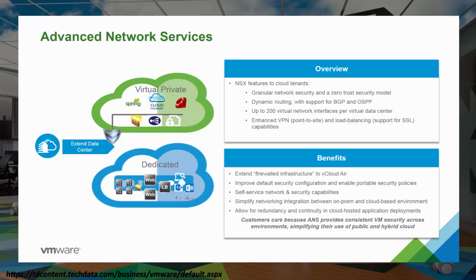No longer are you just protecting the traffic entering and exiting your network, but also providing the ability to have firewalls internally within your network to protect between all your VMs on the inside of your network as well. Enhanced point-to-point VPN, load balancing, and many other network capabilities are provided within the advanced networking services.